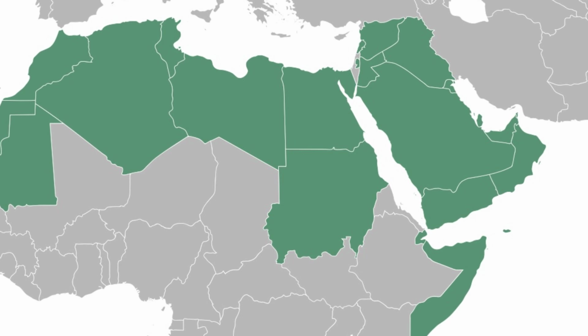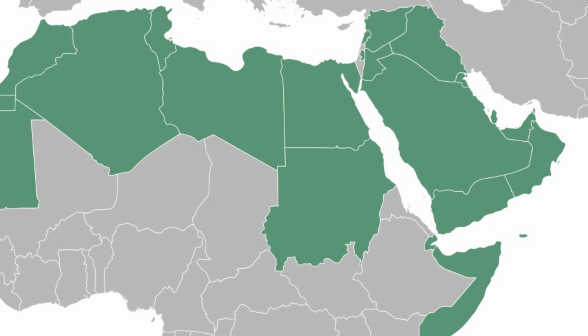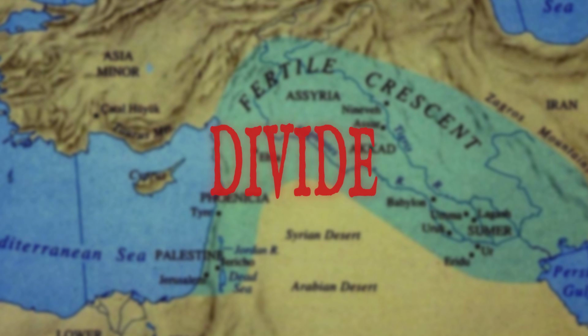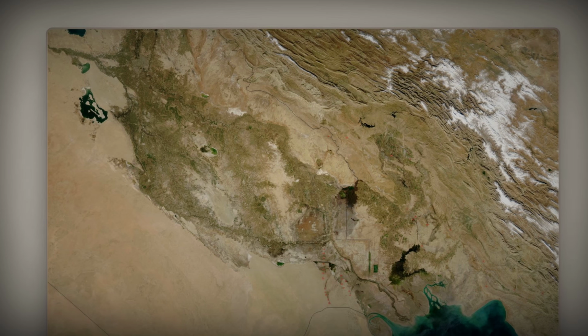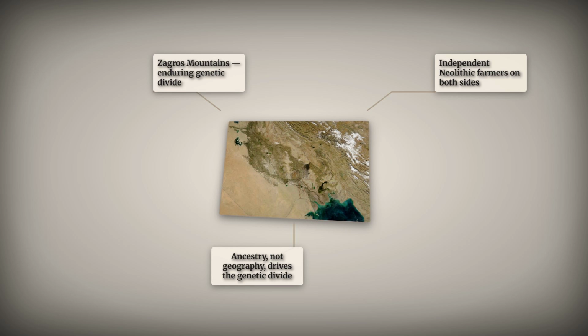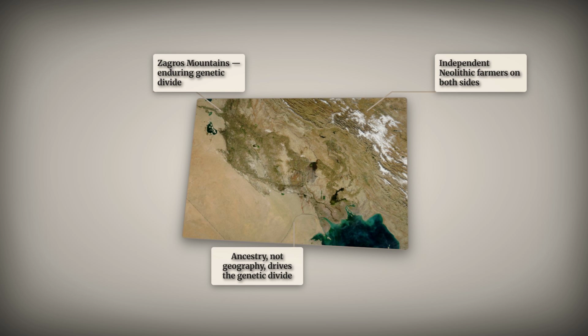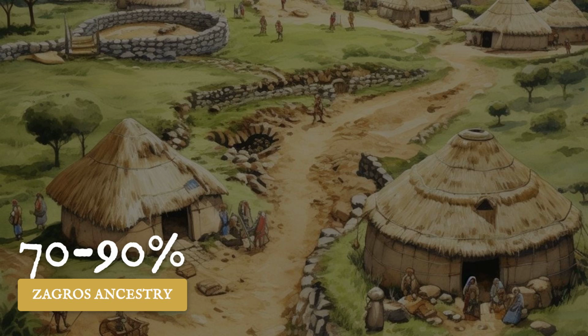Not latitude, not longitude, not modern borders, ancestry. And what it implies is that the Fertile Crescent was never one cradle. It was two. Two populations, independently developing food production strategies, separated by mountains and desert, carrying genetic signatures that would persist through every empire, every conquest, every migration for the next 10 millennia.